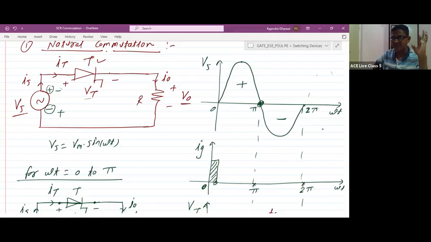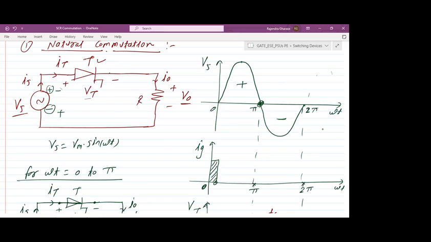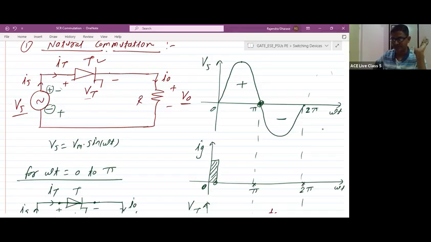Suppose the manufacturer has manufactured one device, suppose this is an SCR. For this particular SCR, the manufacturer will give the TQ value. The design engineer's role is to select the value of inductor and capacitor, that is the commutating elements, such that TC should be greater than or equal to TQ.